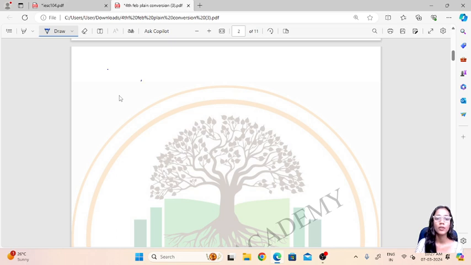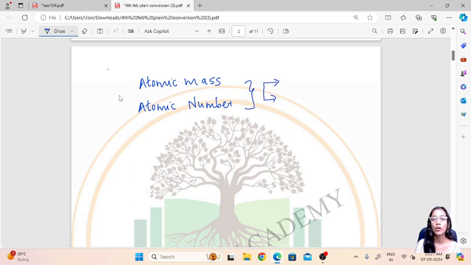Now we have to see what is the mass of an atom, that is atomic mass, then what is the atomic number, and based upon these two criteria, what are the two different types of elements that we find in the nature.